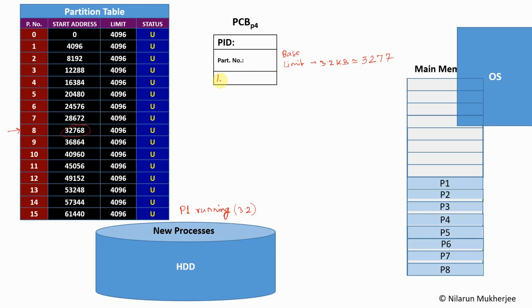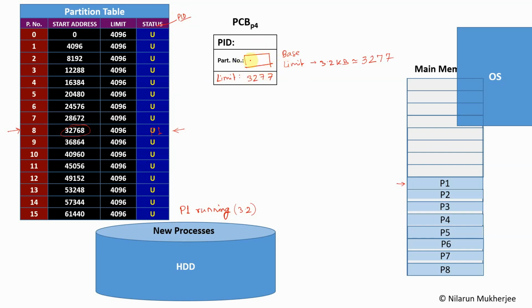So the limit is 3277, and the partition number is where it is loaded. P1 is loaded at partition 8. Alternatively, we can also store the PID here instead of status.